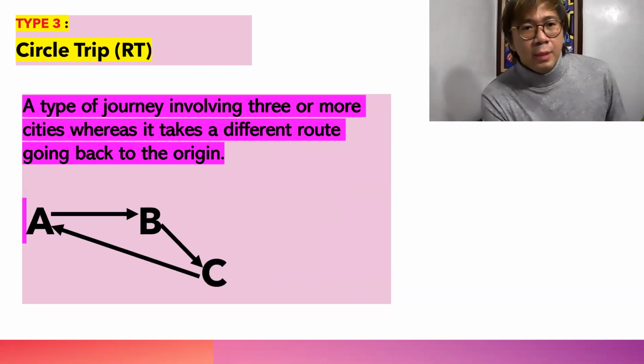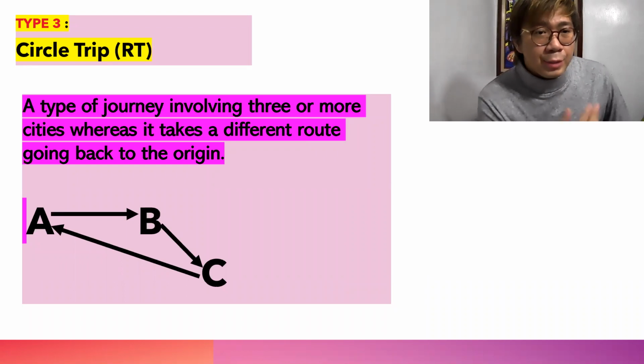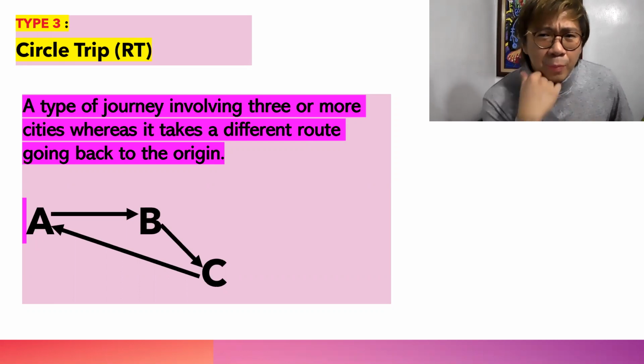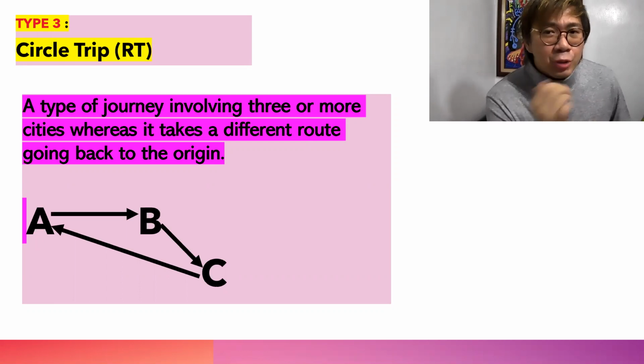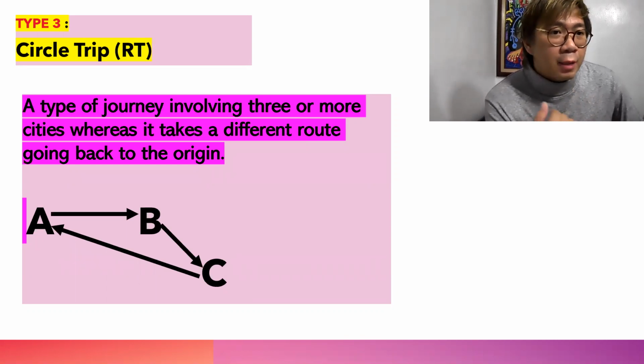Next, circle trip. For circle trip, this is type 3. So we have the round trip and circle trip. Are they just a pair, sir? No, actually they are not the same. Based on my own definition, I define a circle trip as a type of trip which involves 3 or more cities, where it takes a different route going back to the origin.